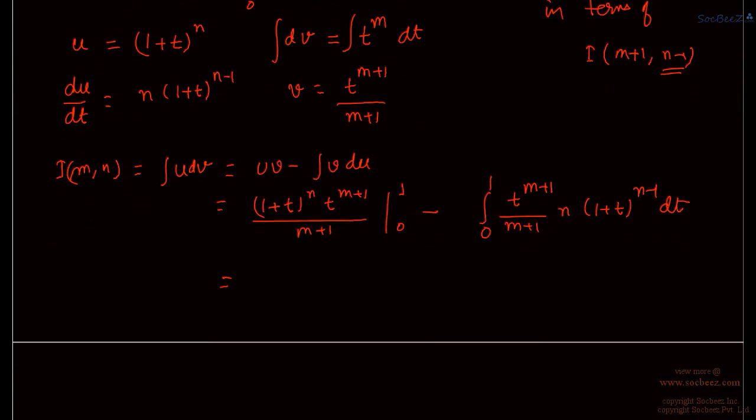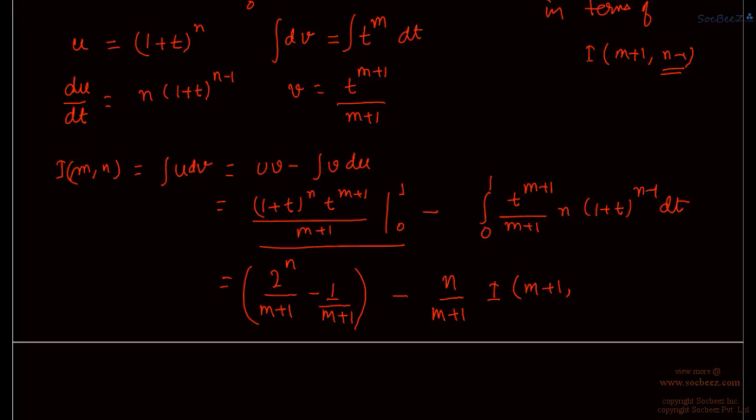Further, while putting 1, we are getting 2 to the power n upon m plus 1, and putting 0, we are getting minus 1 upon m plus 1, right? And this is obviously n upon m plus 1 I m plus 1 into n minus 1.